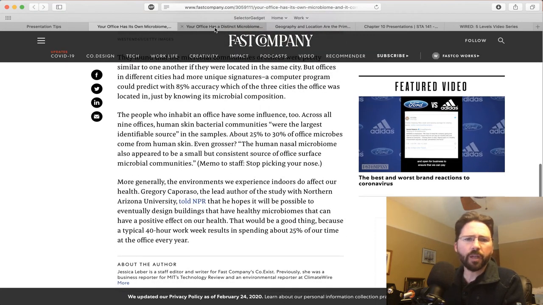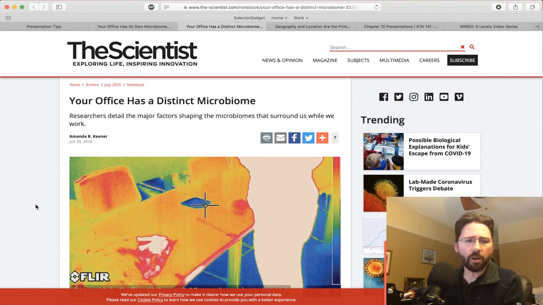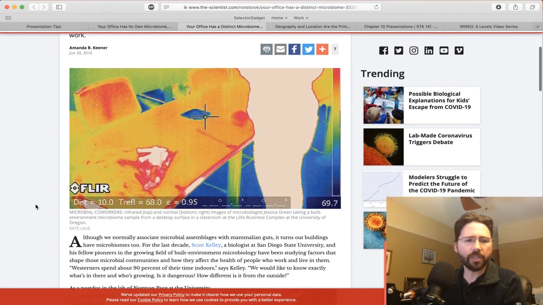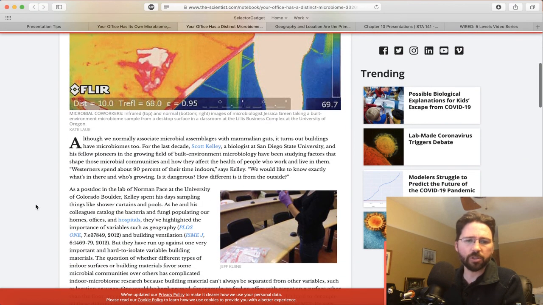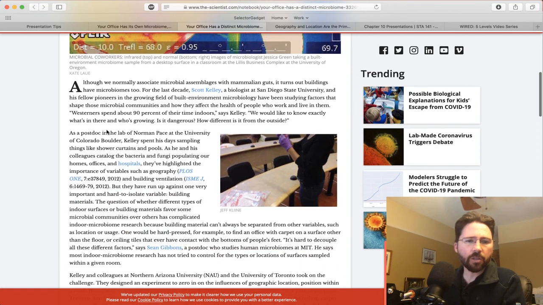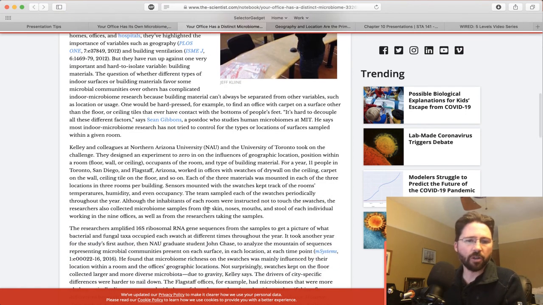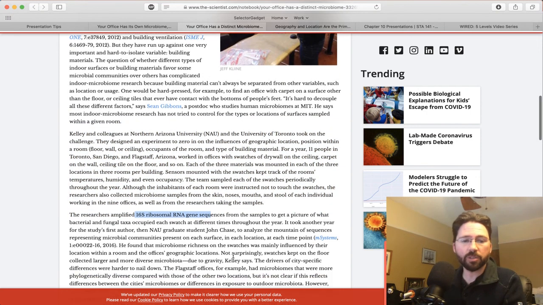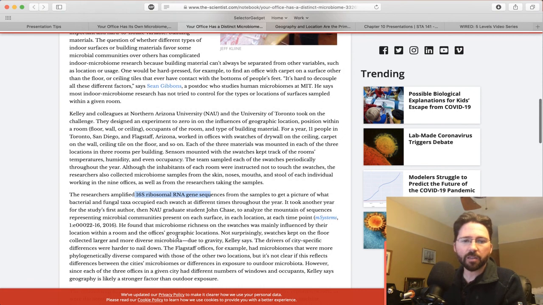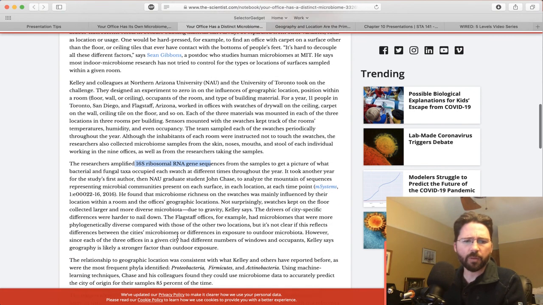Now, you've got a second article that describes that same research article, and they go into a lot more detail about how the data was collected and see a little bit more about the underlying microbial understanding. And so they talk about 16S ribosomal RNA sequences, but it doesn't spend a lot of time at that.